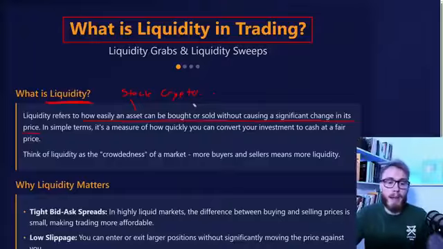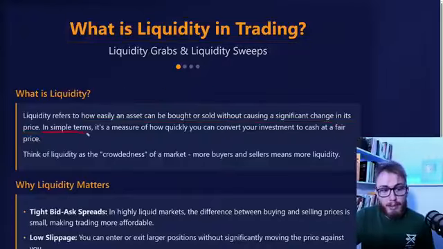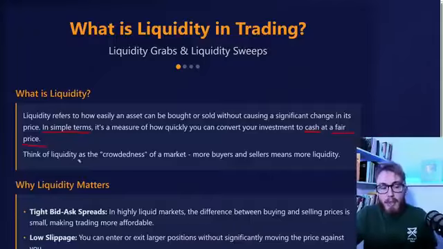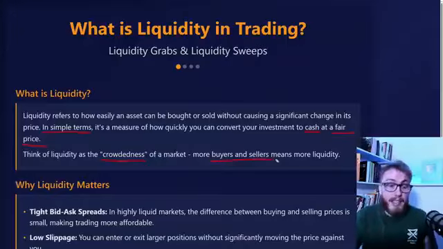You can easily buy and sell that. So in simple terms, it's a measure of how quickly you can convert your investment to cash at a fair price. So you can basically think of liquidity as the crowdedness of the market. The more buyers and sellers we have, the more liquidity.